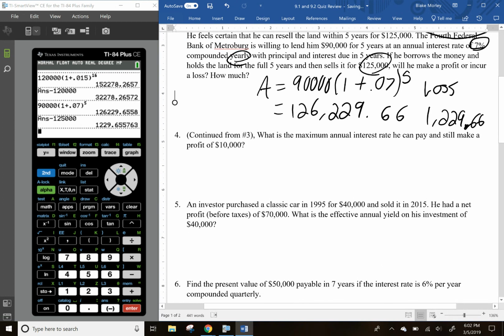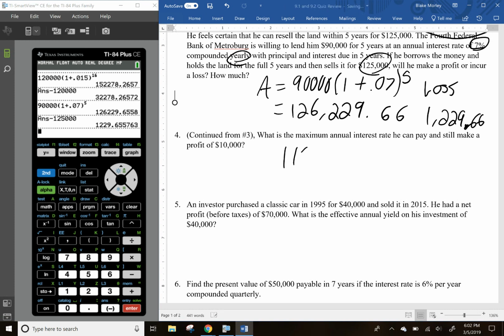So, remember, we're selling the land for $125,000. Some of that $125,000 will have to go to the bank, if not all of it. But if we're going to sell it for $125,000 and keep $10,000 of it in profit, then I can't owe the bank any more than $115,000, right?